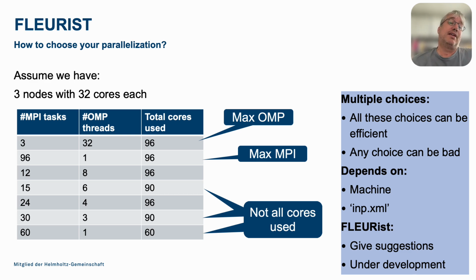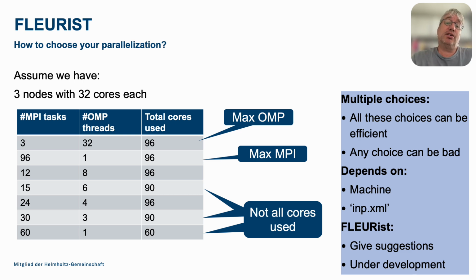So there are, of course, different possibilities, and depending on your system and depending on your computer, all these choices can be efficient, and any of these choices can also be pretty bad. And that depends, as said, on the machine you are calculating on. It also depends on the system you are simulating, so it depends on your inp.xml file.